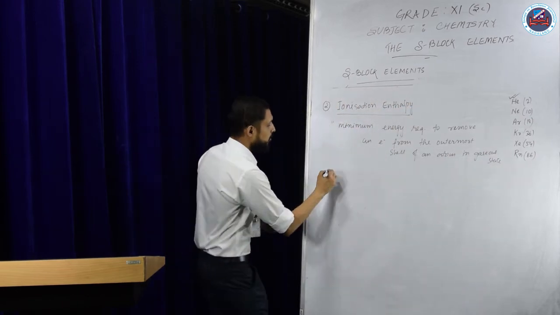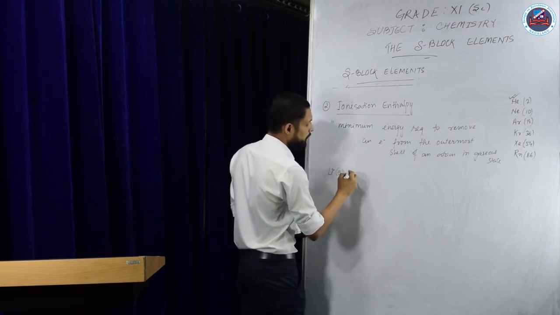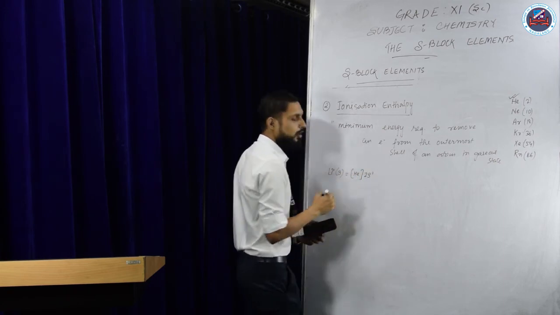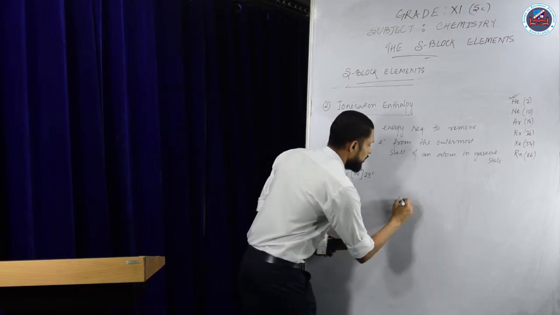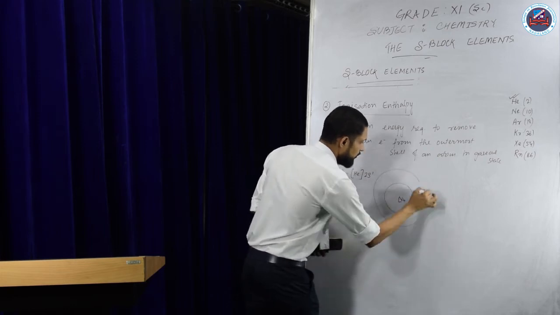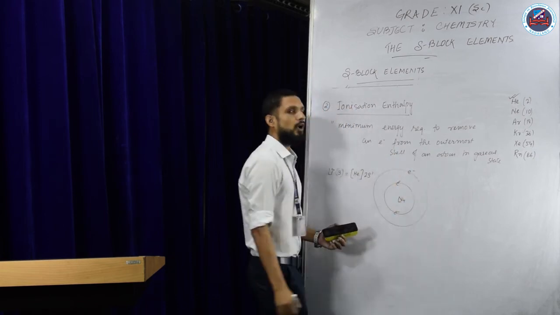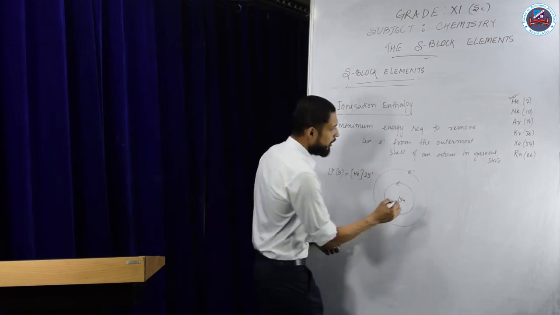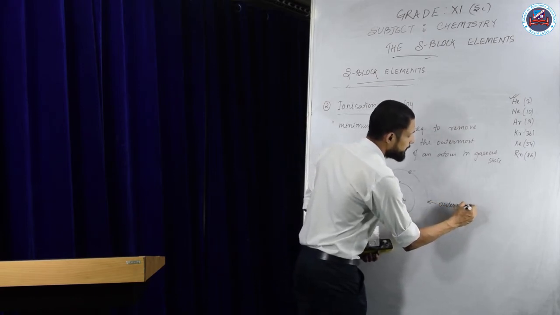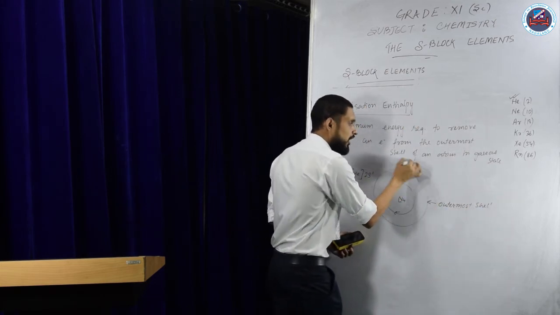So let us take lithium. Lithium's atomic number is 3, electronic configuration helium 2s1. So there are two shells. The lithium nucleus will be at the center, first shell, second shell. In the first shell you have 2 electrons, in the second shell you have 1 electron. Now here, in case of lithium, this is the outermost shell, and this is the electron in the outermost shell.